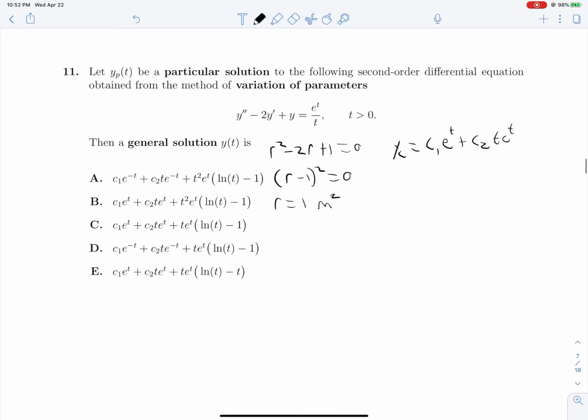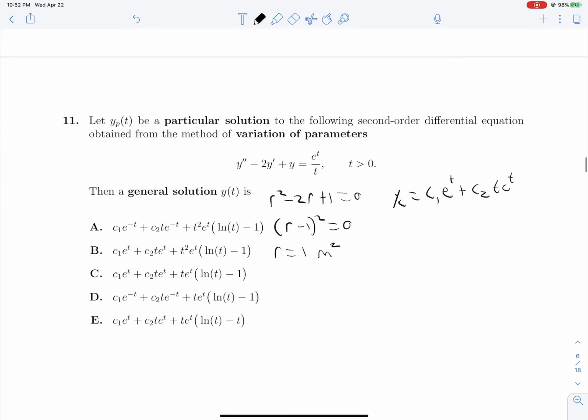Now I'm going to make a list up here. For variation of parameters, we need y1, which is just our first fundamental solution, e to the t. We need y2, that's our second fundamental solution, te to the t. We need f of t, which is this right-hand side here, so long as the coefficient on our y double prime is 1, so that's e to the t over t.